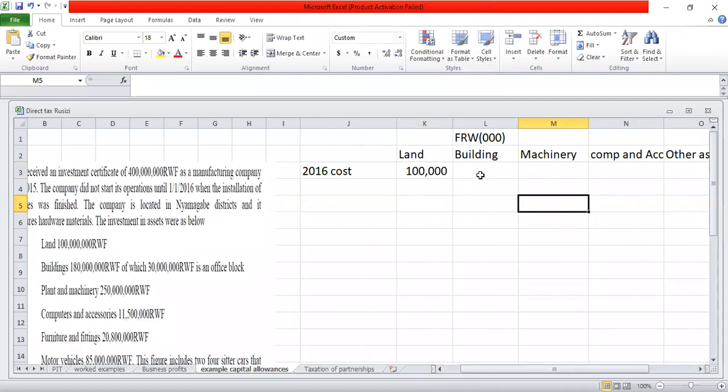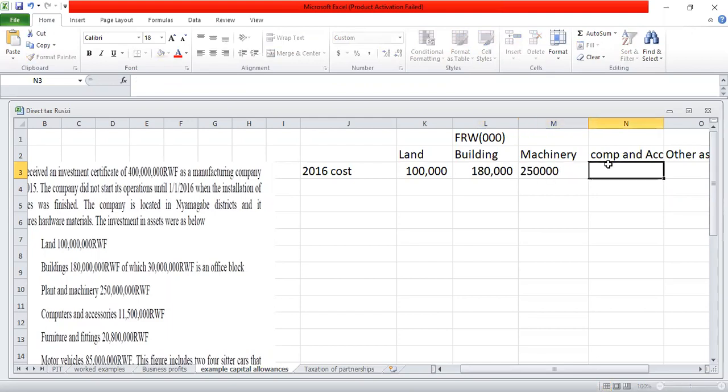Building, the office block and the other of it is the same building. It is 180. We don't separate office block from the building in Rwandan tax law. Plant and machinery, that is 250. Computer and accessories, that is 11,500.